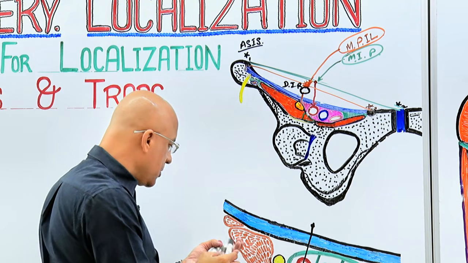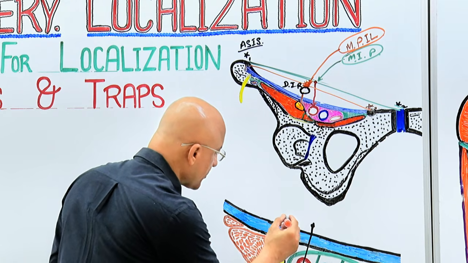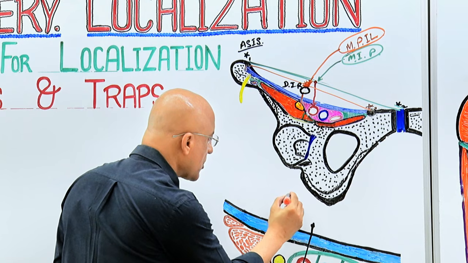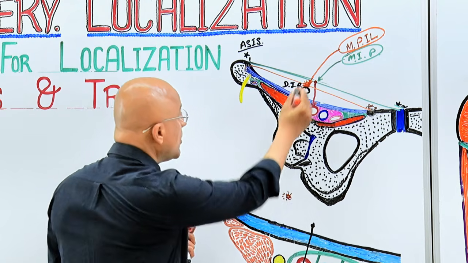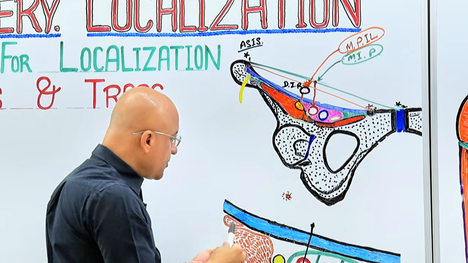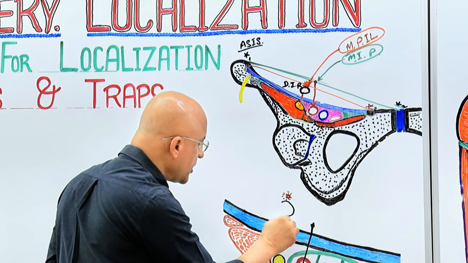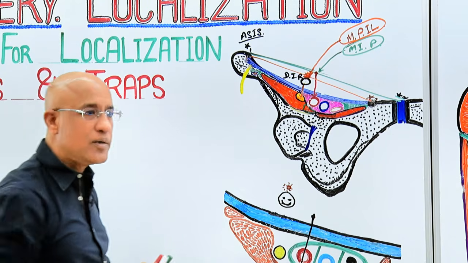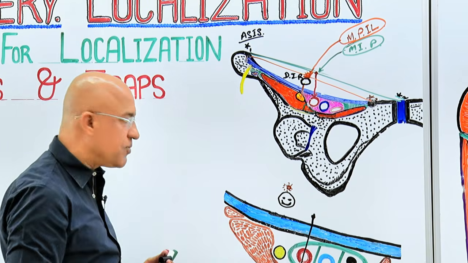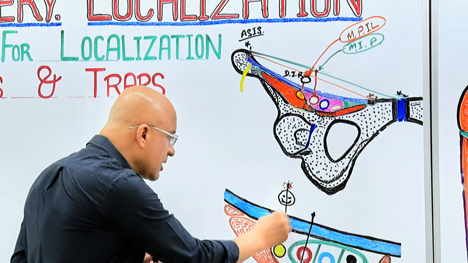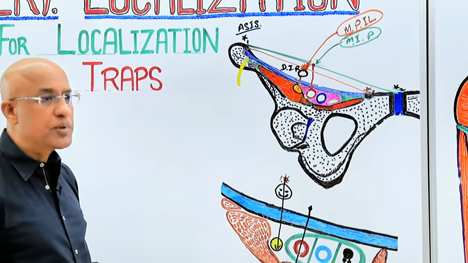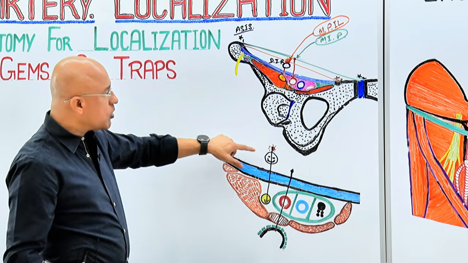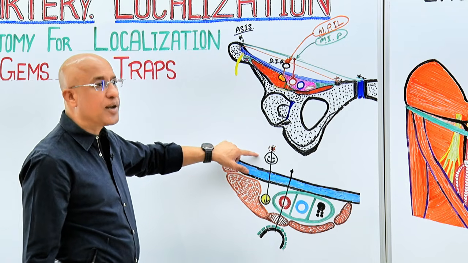We are talking about this point now. I've made it here. So here what you will find, now you tell me. Yes, deep inguinal ring. And what will you find here? Femoral nerve. So this is the line you have to be careful about. If you are looking for the deep inguinal ring, you will go for the midpoint of the inguinal ligament.